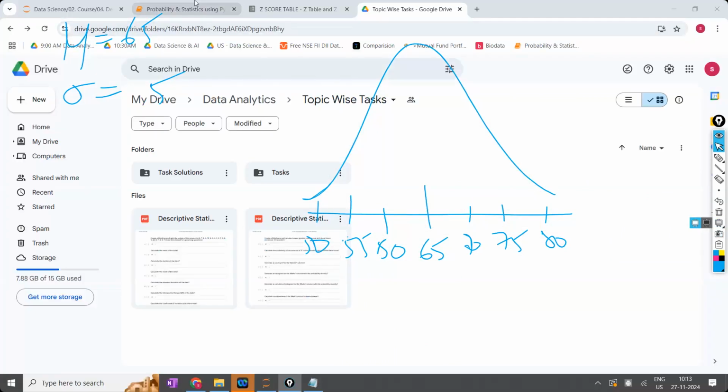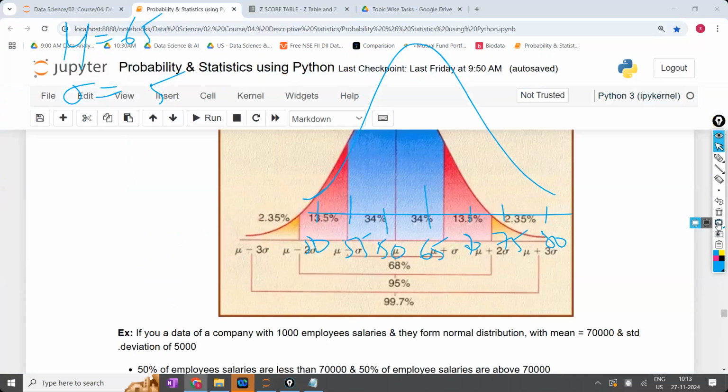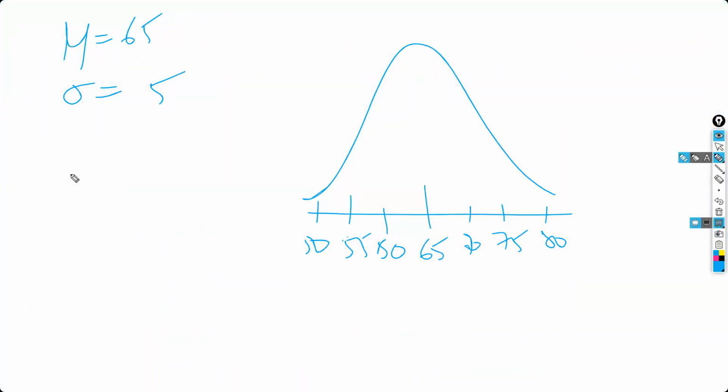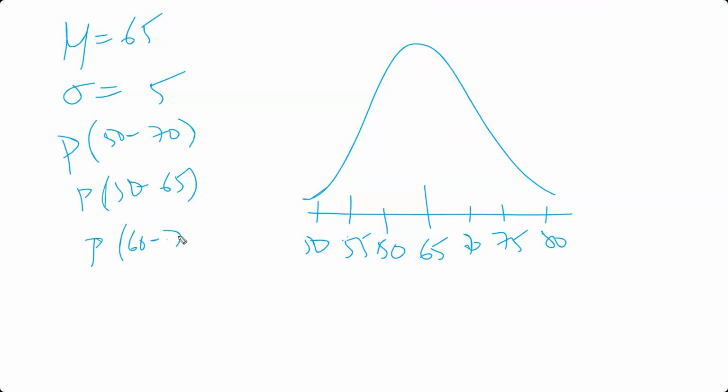My questions now are different. Calculate the probability of 50 to 70. What is the probability of 50 to 65? What is the probability of 60 to 70? What is the probability of 52 to 67?